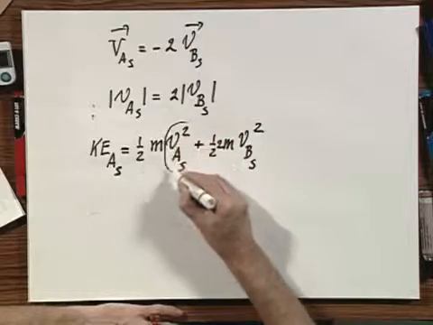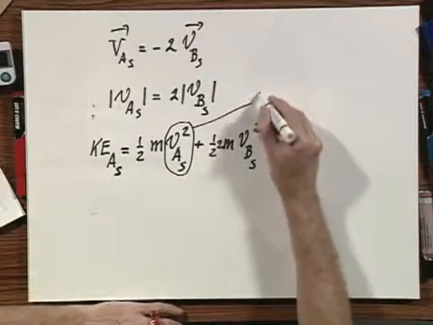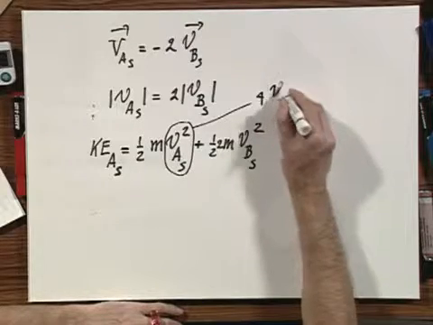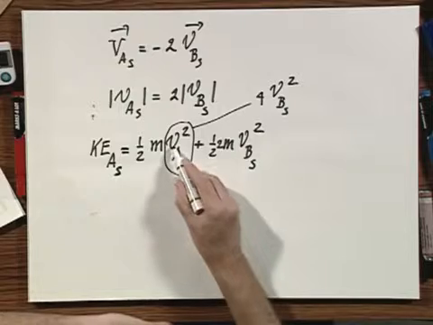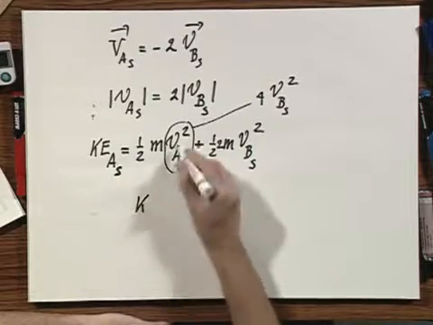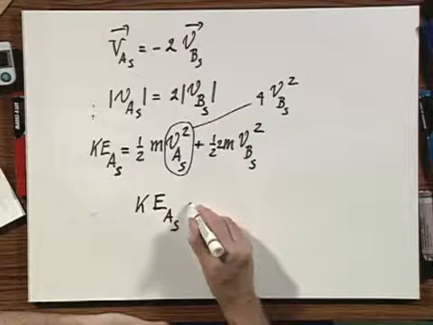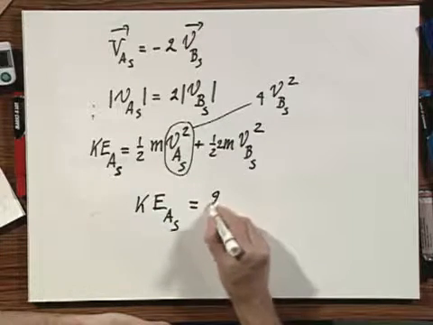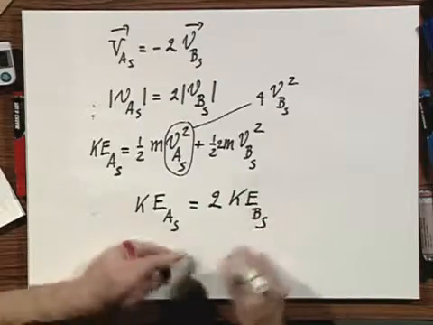But since VA is twice VB, this is 4 times VB squared. So I can put a 4 here, and I can conclude that the kinetic energy of A at any moment in time is always twice the kinetic energy of B.